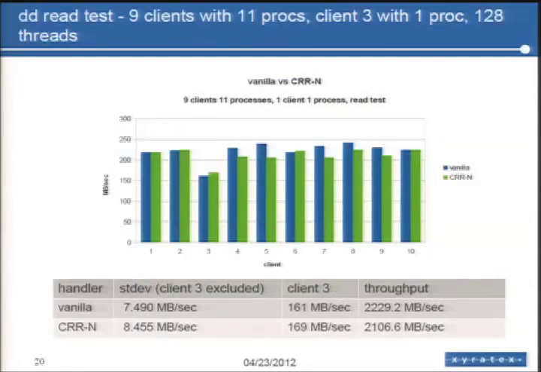Then there's another DD read test, again with the previous configuration of 9 clients with 11 processes and another client left with 1. And you see again the same behavior as with the previous test with 10 DD processes per client. So that falls under the same category.